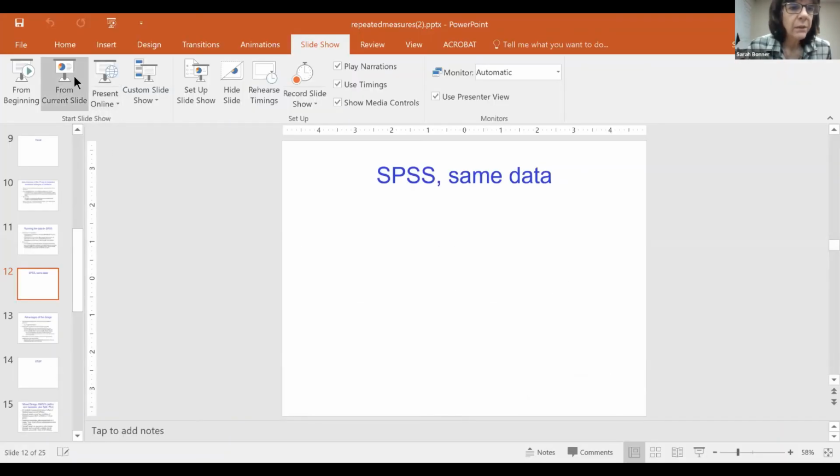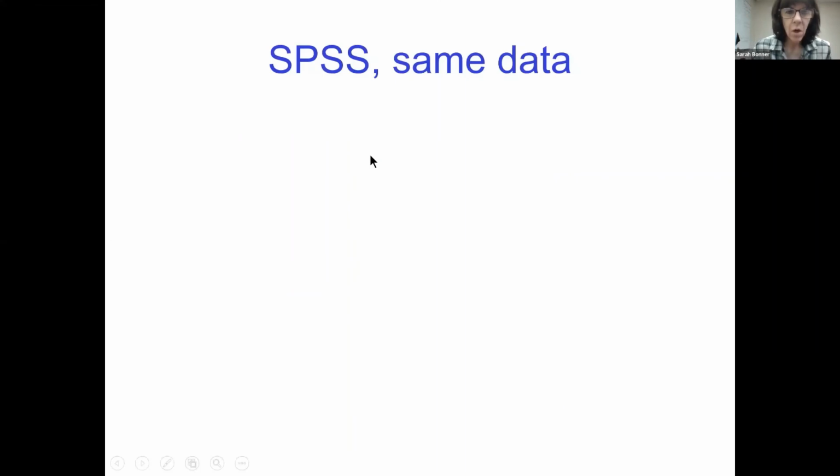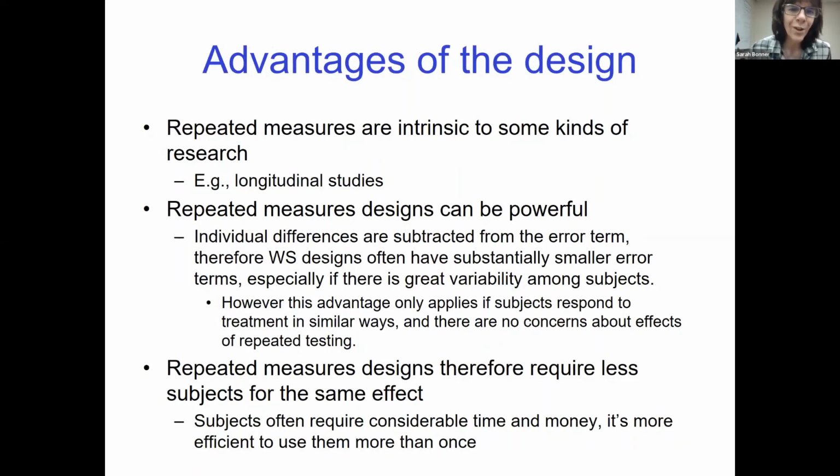And I believe that's going to be almost all. So why do we like this? Repeated measures are intrinsic to some kinds of research, like longitudinal studies, if you can control the independent variable, like is everyone measured at 6 months? Is everyone measured at 1 year? If people are measured at variations in time, repeated measures will work.